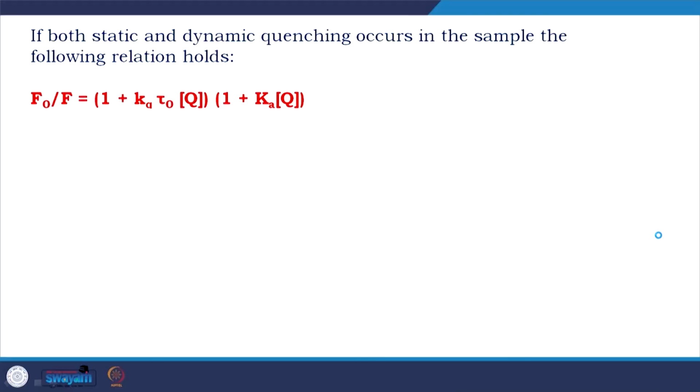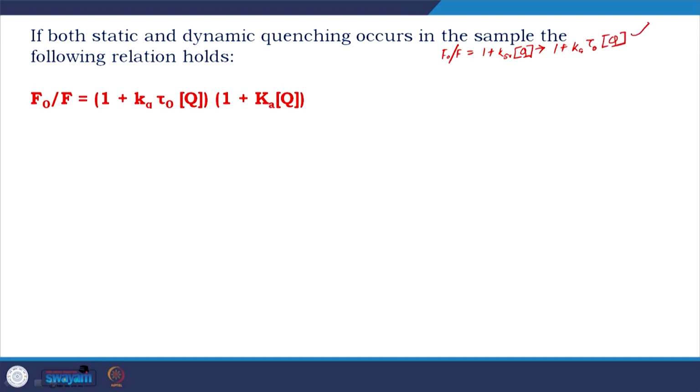So, now we have F0 by F equal to 1 plus KSV into Q, which is 1 plus KQ tau 0 into Q.